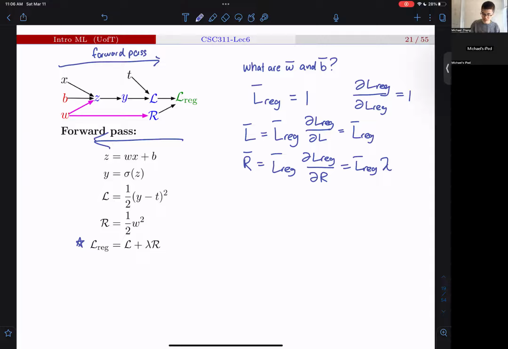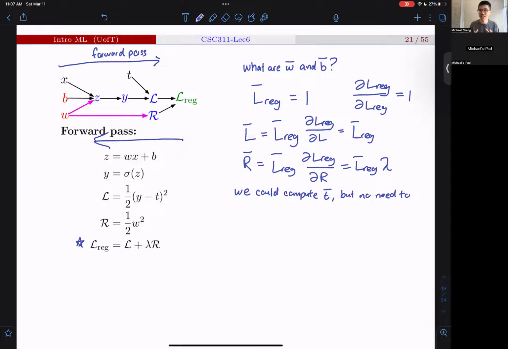One thing to note here is we could also compute T bar, but there is no need to. Because the end goal of our algorithm is to update the parameters, in this case, W and B. And you'll notice W and B don't have any path to LReg that goes through T. In general, we also can't update the values of our data.